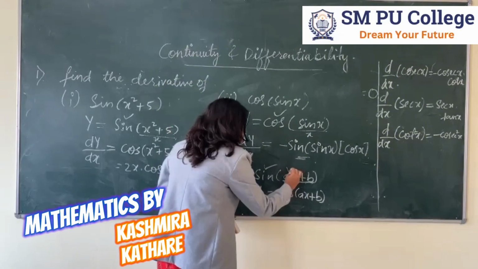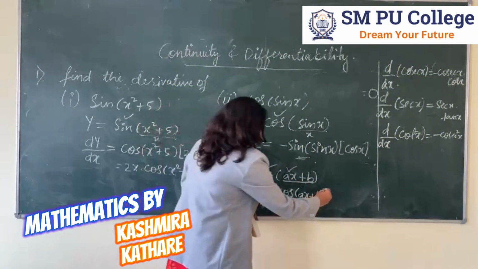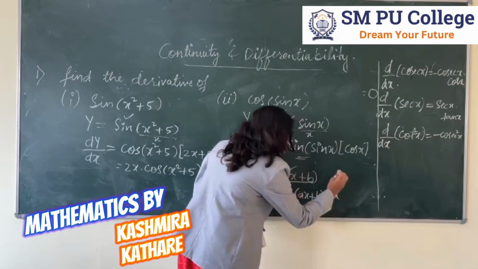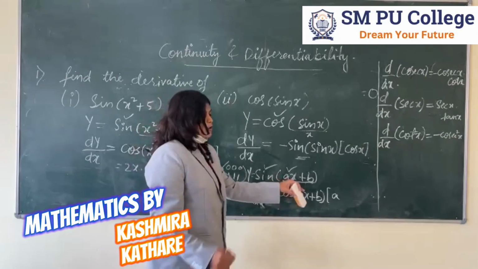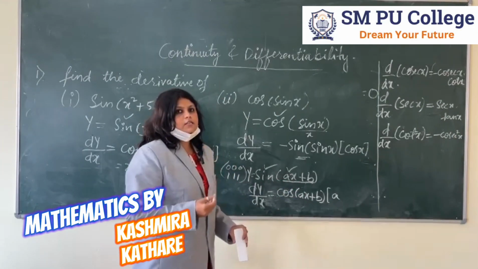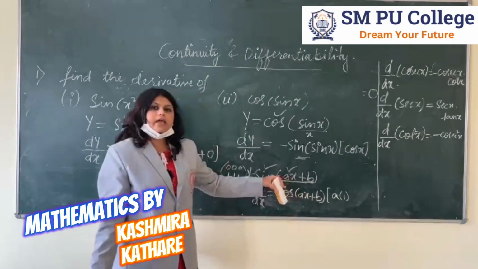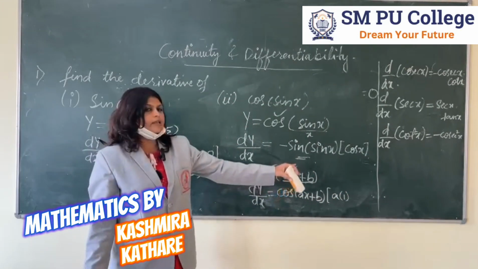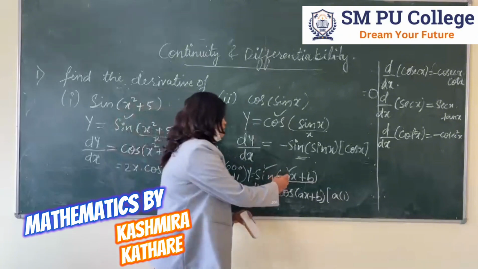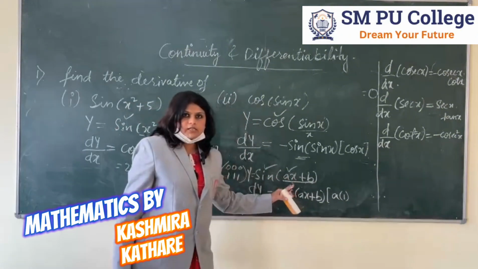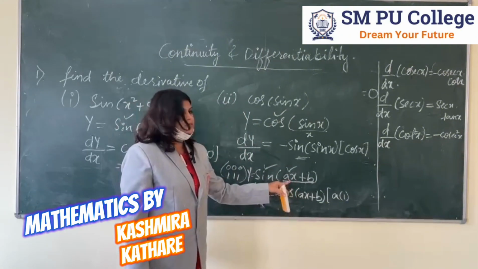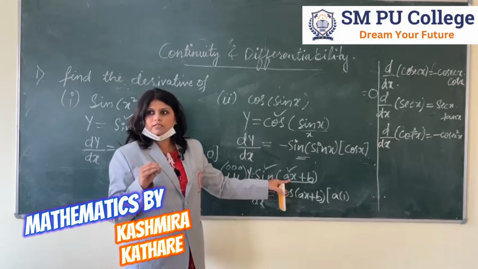Then now we have to differentiate ax. What is the differentiation of x? A is constant, keep it as it is. The differentiation of x is 1. Why are we not writing a as 0? A is constant, but there is a coefficient with x, and that x value gives 1.